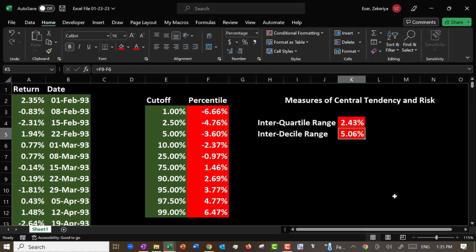How does this relate to normal distribution?